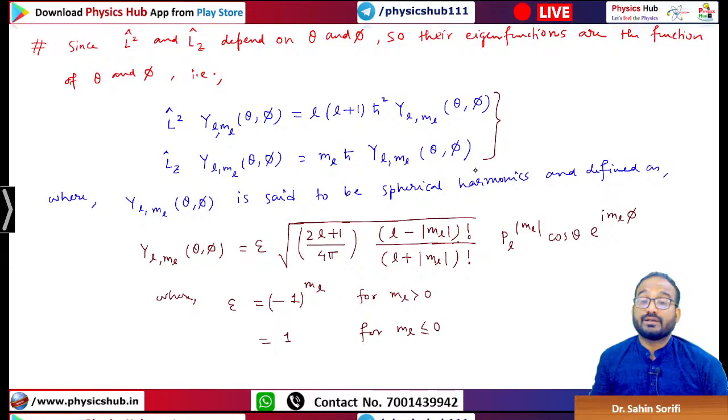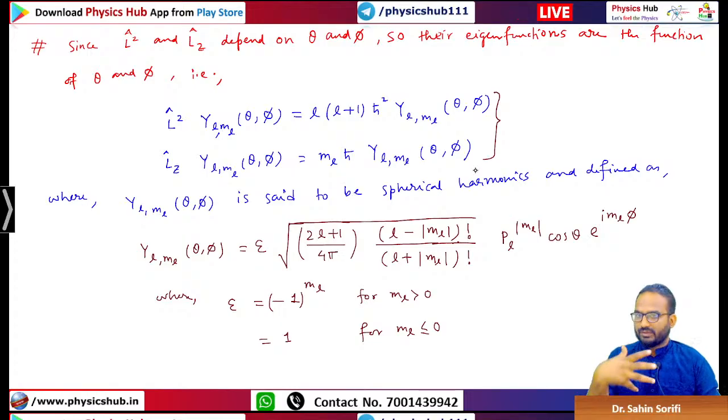You know the quantum numbers: l is the orbital quantum number, ml is the orbital magnetic quantum number, and n is the principal quantum number.